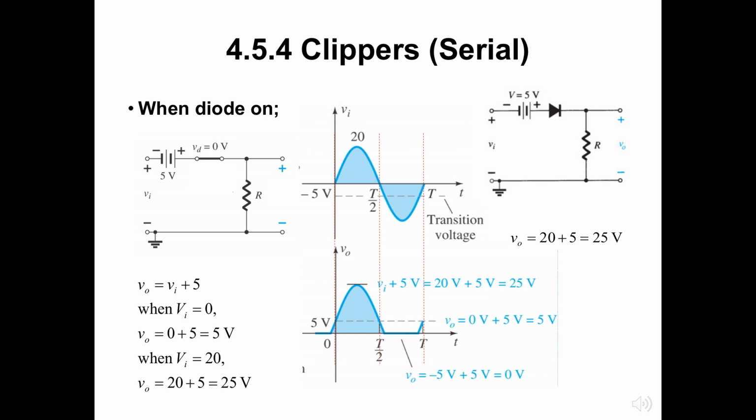Using the similar figure, we find that for conditions when the diode is on and the diode current is established, the output voltage will be the following, as determined using Kirchhoff's voltage law: VO equals VI plus 5 V, where 20 plus 5 is 25 volts.